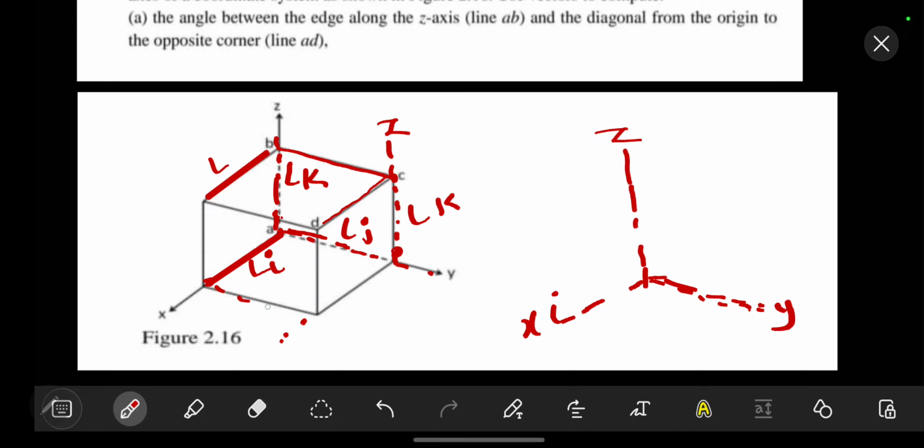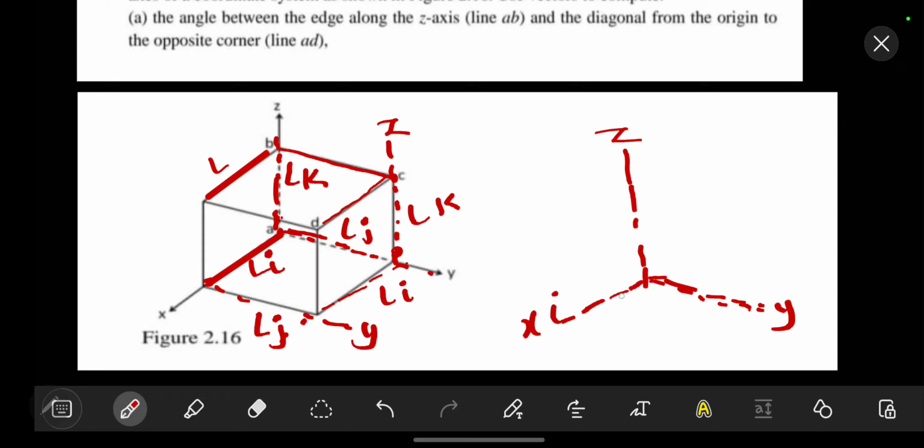Even this one, if you extend it, will also be in the y plane, so it will be Lj. Likewise, this one will be your Li as well. Even if they are opposite sides, since this is a cube, the sides are equal. If this is your x component, even this one will be your x component.